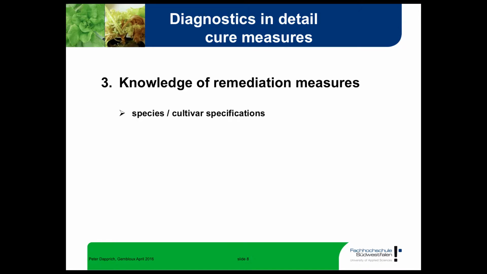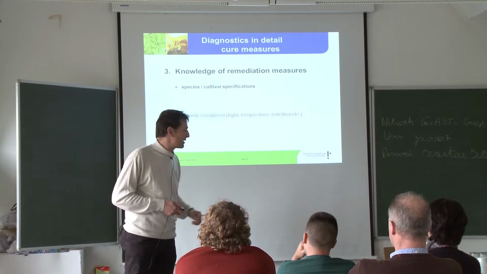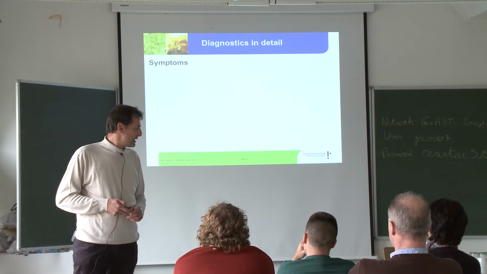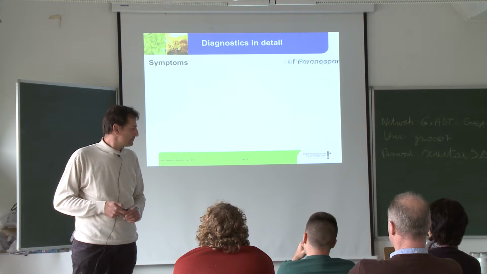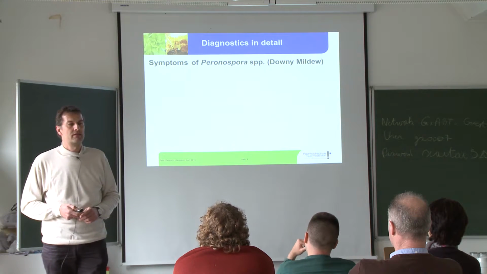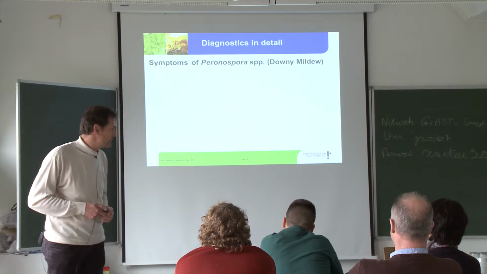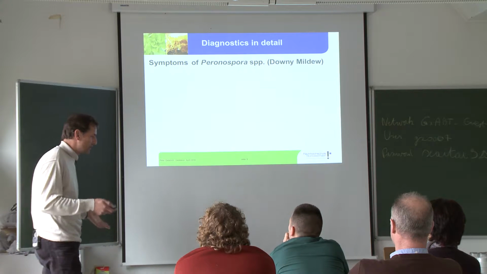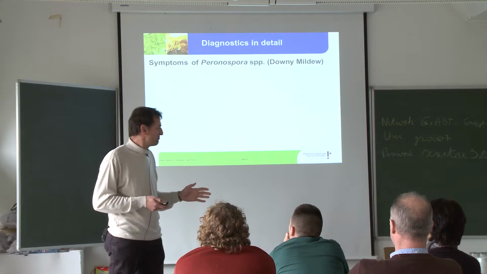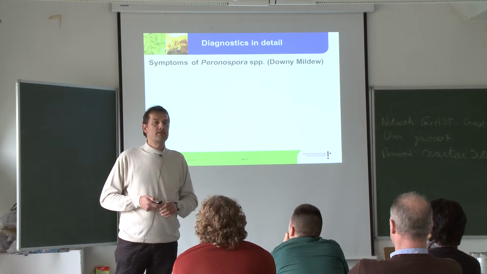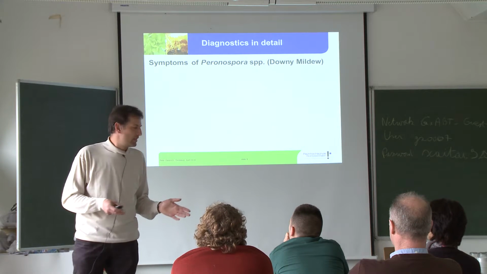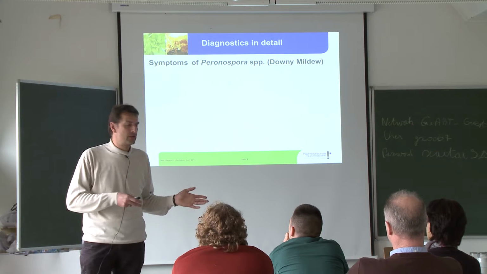But then, if that doesn't help, we need some kind of remediation methods. Again, species and cultivars, knowing growth condition is important, pesticides, okay, symptoms. Here in this case, an example, Peronospora, subspecies, because Peronospora has various species and they're all referred to as downy mildew, but depending on the host plant, you're dealing with another fungal species.